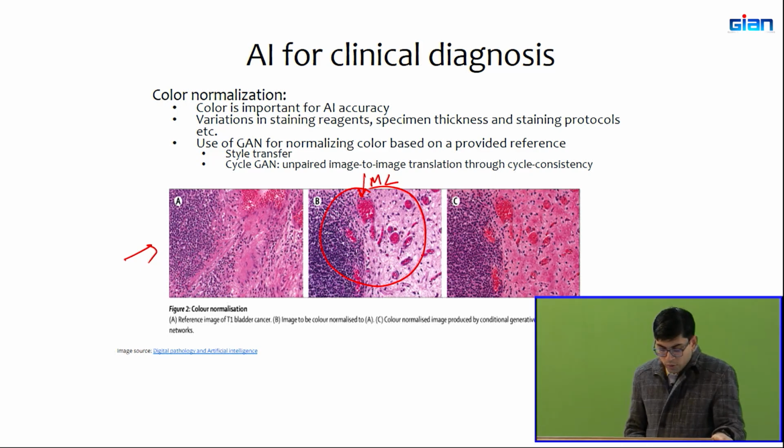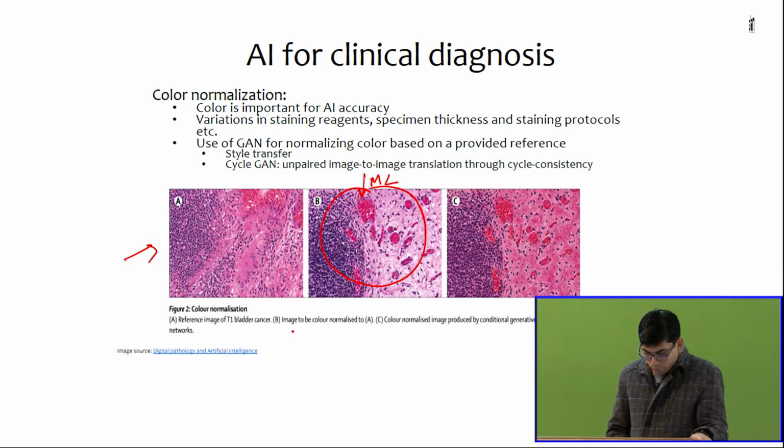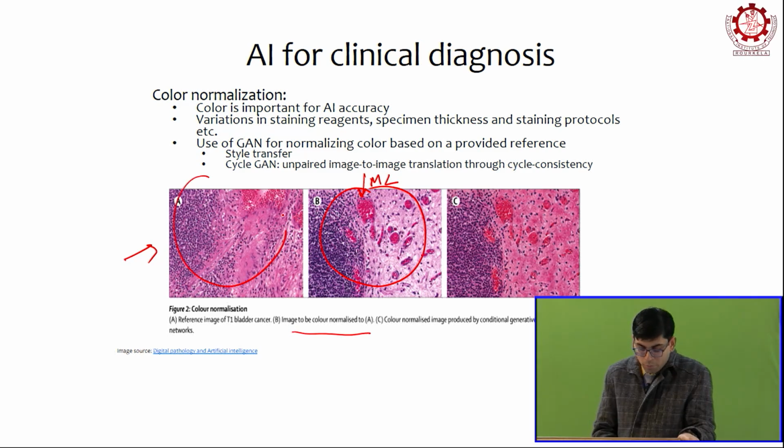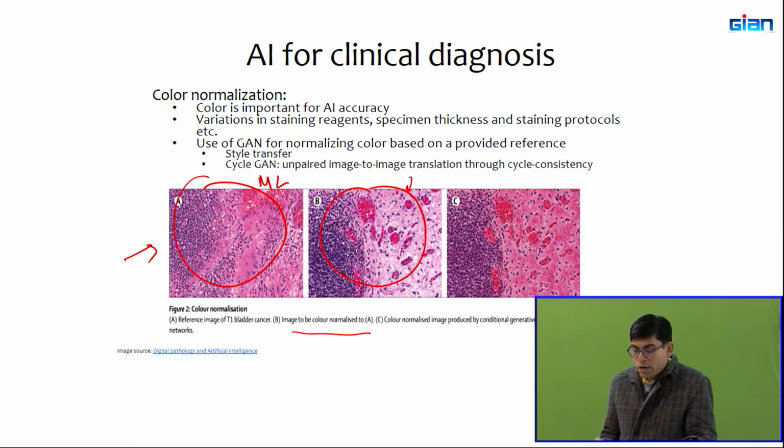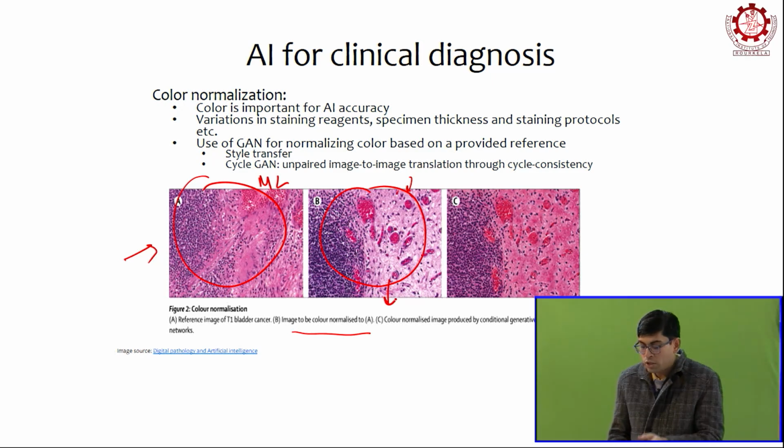Now this is an image that you obtain from another site, let's say. Now in order to infer on this image with your model, you would need to color normalize this image to the intensity space of the first image, right?